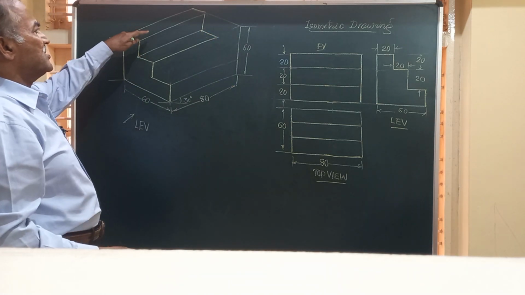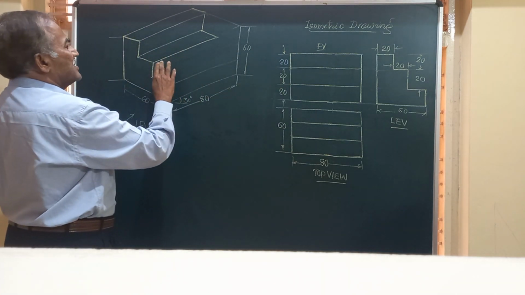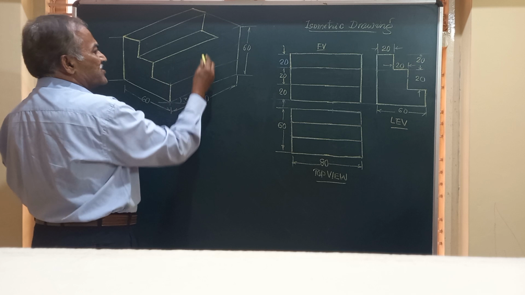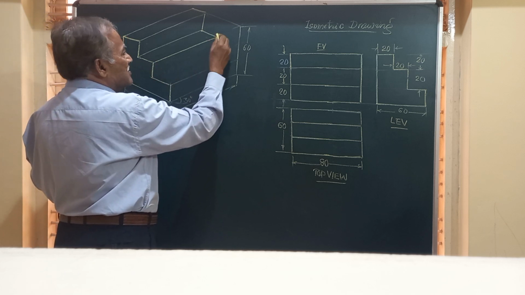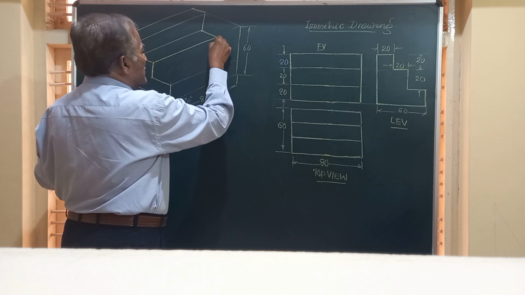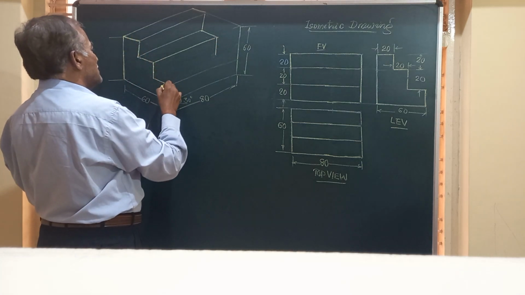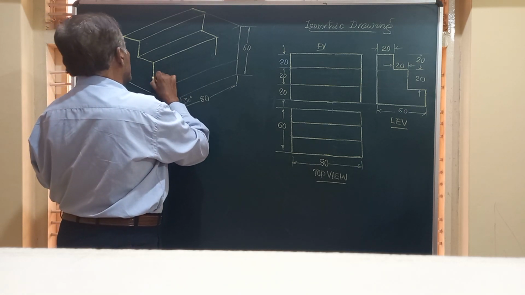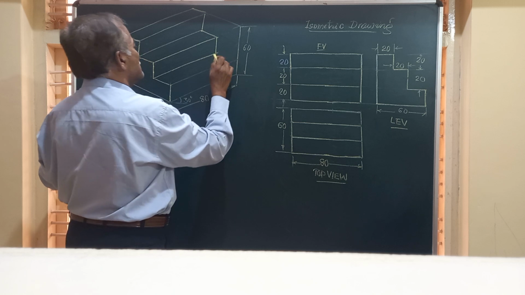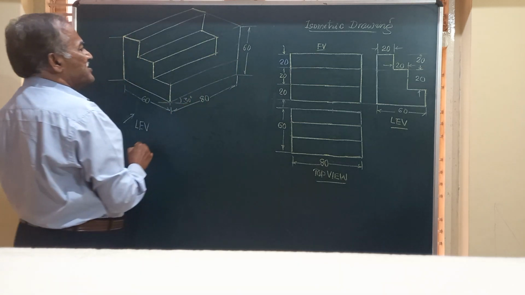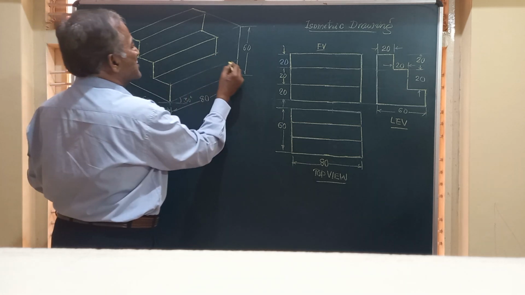Now, friends, this is the front view here, and again you have one more step here. Draw a vertical line from there, a vertical line from there, this parallel to this, and a horizontal line through this. They meet here, friends. Finally, you draw one more line parallel to this from this corner.